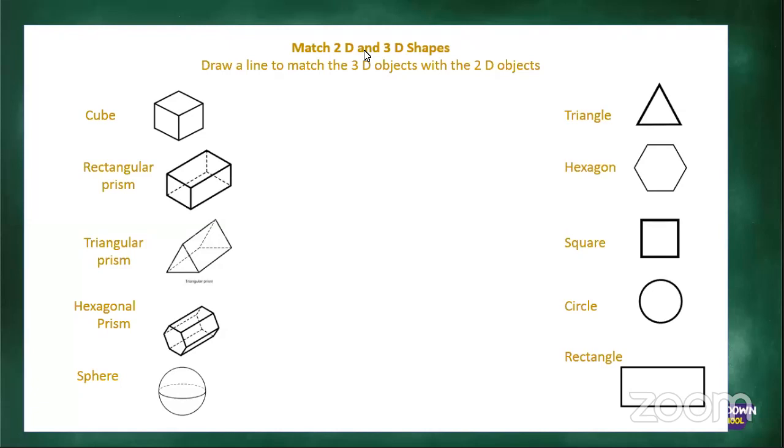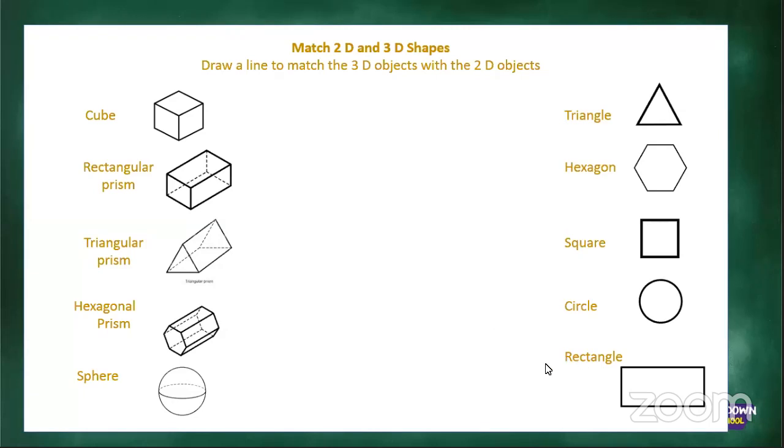All right. The second one, the rectangular prism. Can I have someone else to answer? Pratish. The rectangular prism goes to the rectangle.